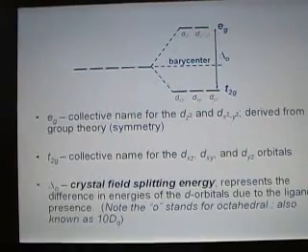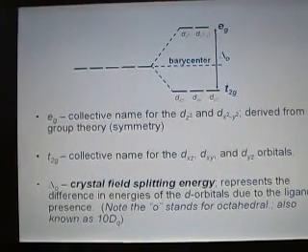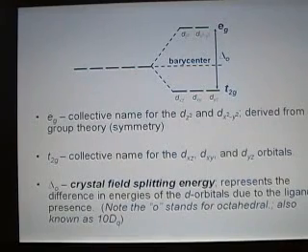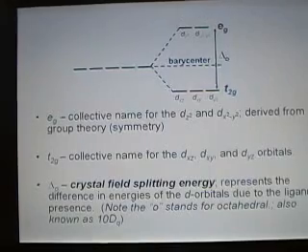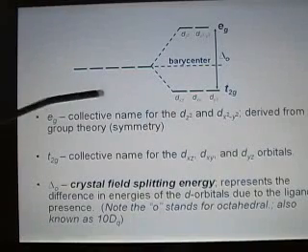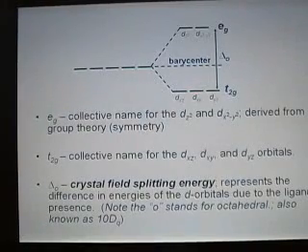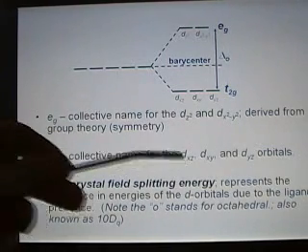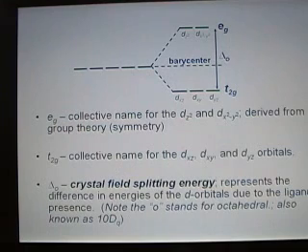I simplified it, saying this is how the ligands come in along the x, y, and z axes, so the dz squared and dx squared minus y squared are the orbitals that the ligands interact with. The other set are the t2g. That's the collective name for the dxz, dxy, and dyz orbitals.